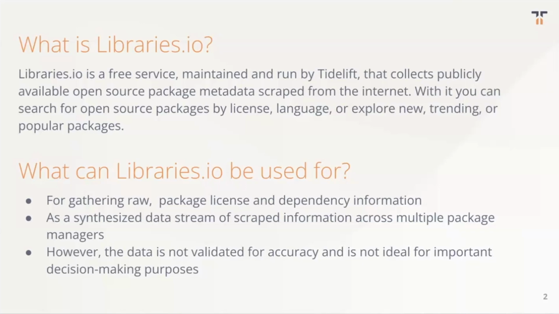However, what I want to flag at this point is that libraries is an open source, freely available tool. The data is not validated for accuracy, and hence it should not be used for important decision-making purposes.